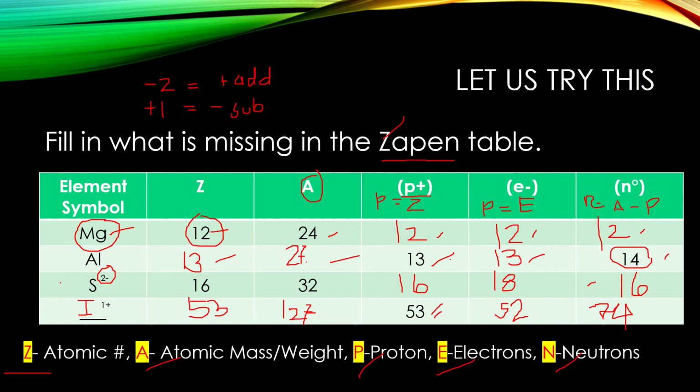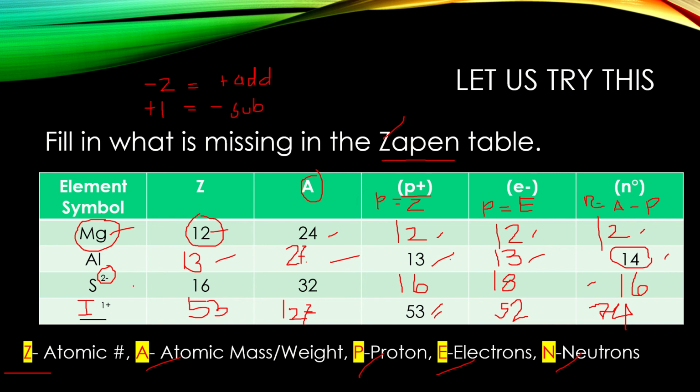Alright, so let's proceed to number 3, the sulfur with negative 2 charge. So, this is an unstable atom. So we have a charge. This is not a neutral atom, it's an ion. So again, how can we get the atomic number of an element? You need to look at the periodic table.